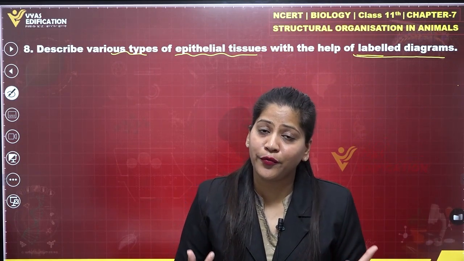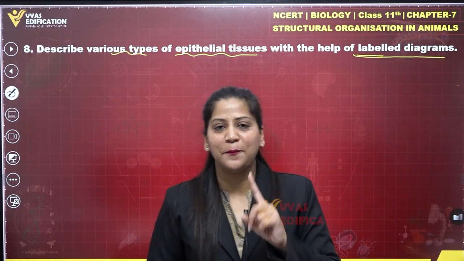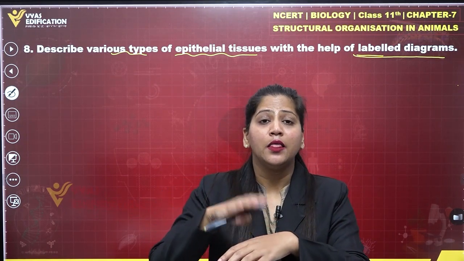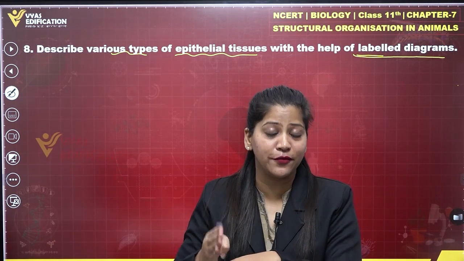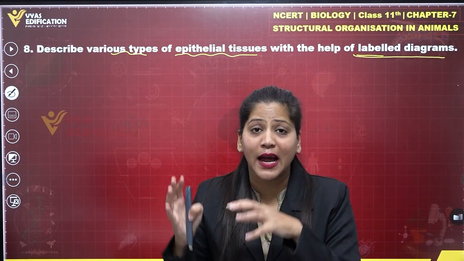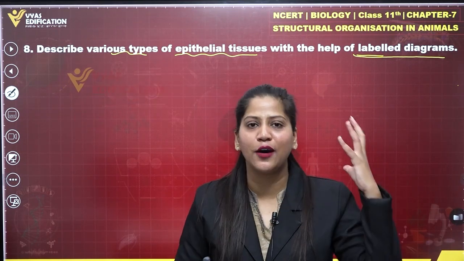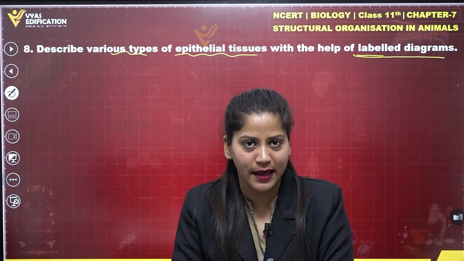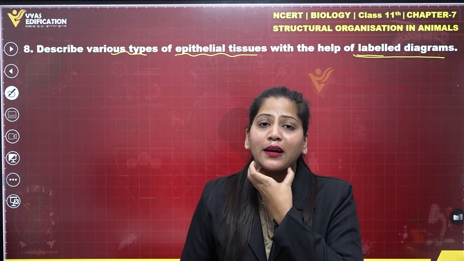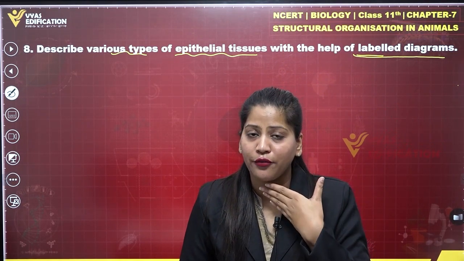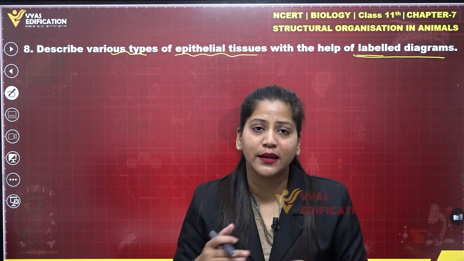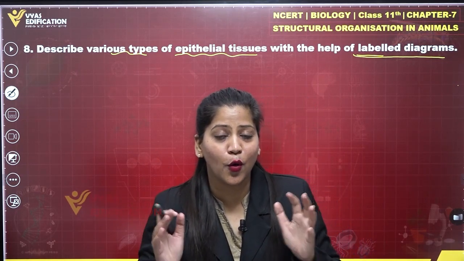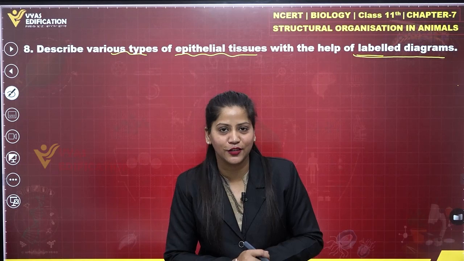You will find it on the dry surface of your skin, where you need the most protection, in the inner linings of your buccal cavity, in your pharynx, in the pancreatic duct, and also in the inner linings of the ducts of salivary glands. So these are the various types of epithelial tissue.